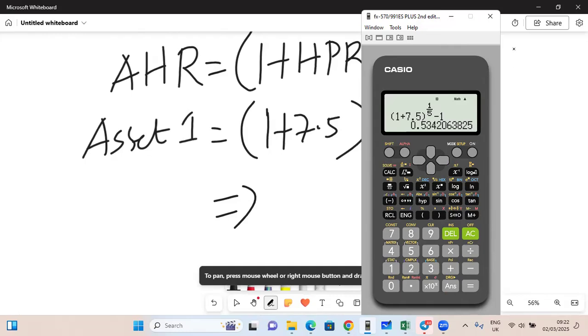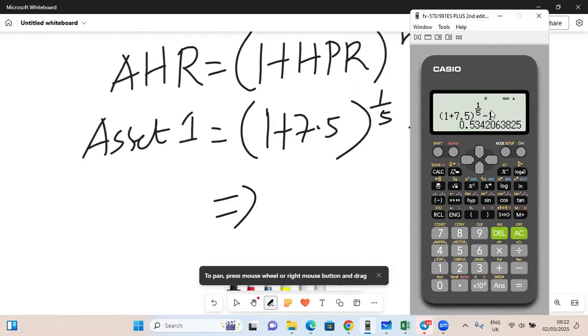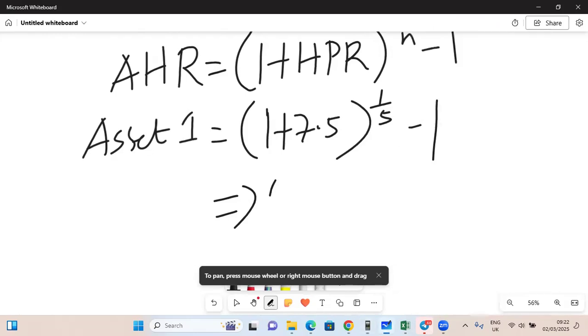If you want to get it in decimal, we leave it this way. But if you want to get it in percentage, you multiply by 100. And you get 53.42%.